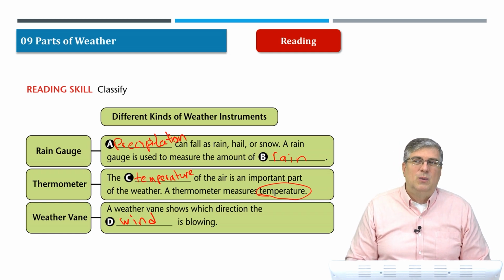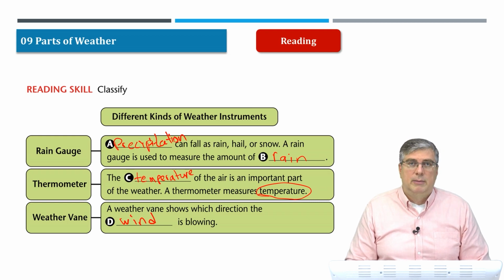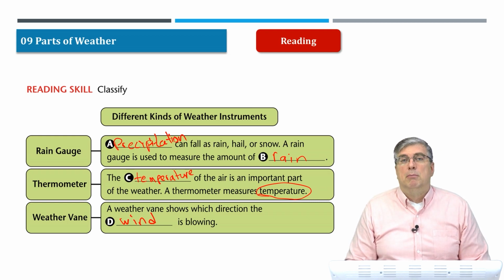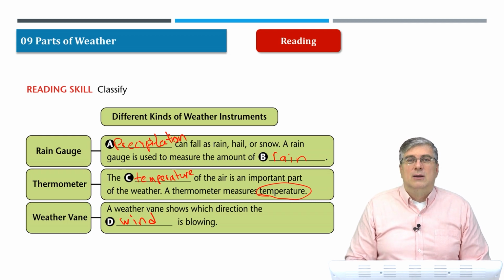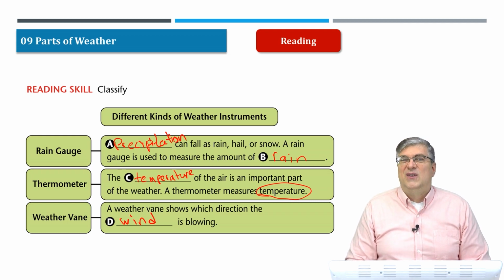You could say, which way is the wind moving? Yeah, that's possible, but it's much, much more common to say, which way is the wind blowing? Or the wind is blowing strong today. The wind is blowing fiercely today. Or the wind is blowing gently today. So the wind blows.